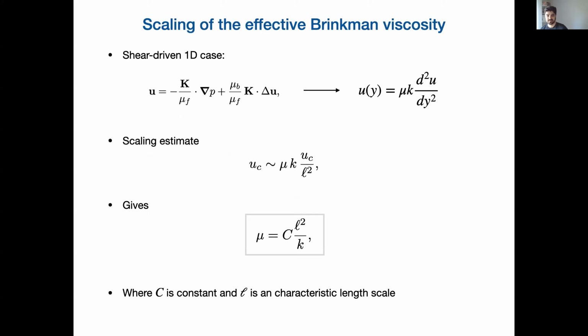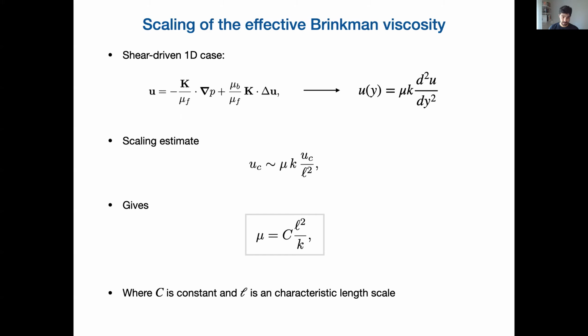So the question then is, how do we determine the Brinkman viscosity without actually having to go through this process of doing pore-scale simulations, which of course we want to avoid? We want to use the Brinkman model without having to do direct numerical simulations resolving every scale. So what one can do is a simple scaling analysis.